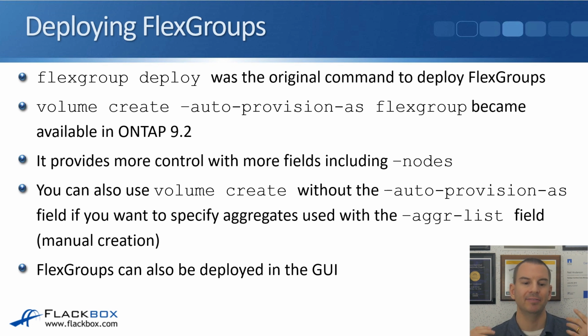If you do that, then it allows you to manually specify the aggregates to be used. So with volume create -auto-provision-as flexgroup, you can specify the nodes. You get even more granularity with volume create without saying auto-provision-as, and you can actually specify down to the aggregate level when you do that. And FlexGroups can also be deployed in the GUI.